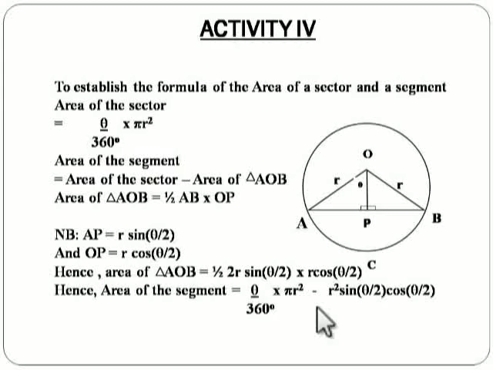Area of a sector is theta over 360 multiplied by the area of a circle, that is pi r squared. Yes. The area of a sector is part of the area of a circle. That is what I want you to understand.